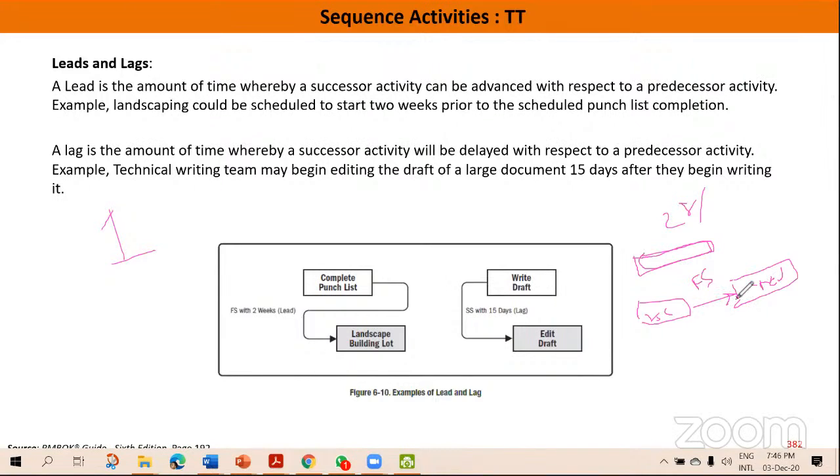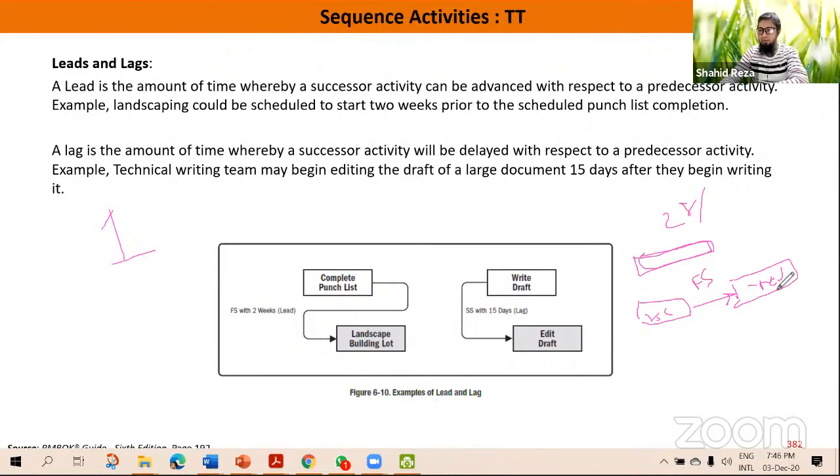Lags mean pushing the successor activity further. If we write FS plus 28 days, that means when this activity finishes, after 28 days we can start this activity. So this type of relationship is known as lagging.